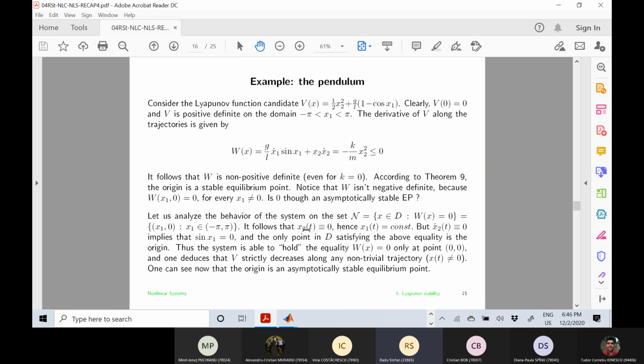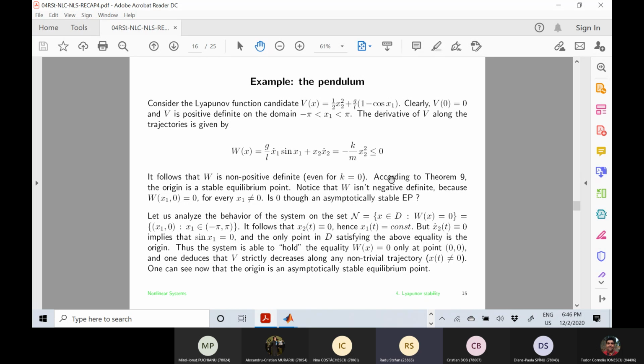It attracts the trajectories once you perturb a little bit from the origin. After a while, you will get back to the origin. So the physical intuition clearly shows that the origin and all the points of the type 2 pi, 0 are asymptotically stable equilibrium points. What to do about it?